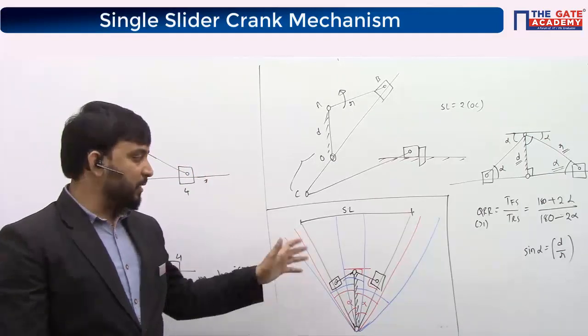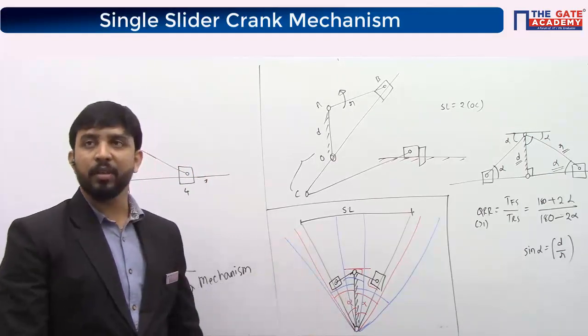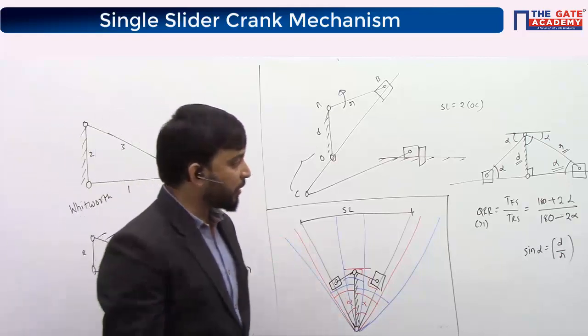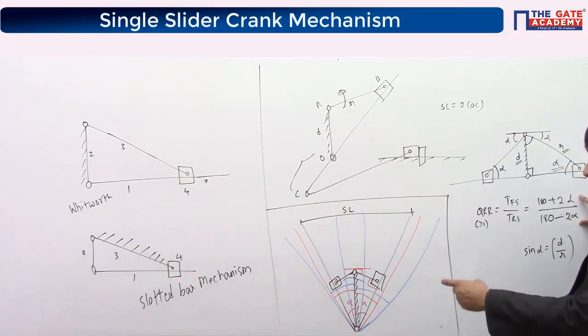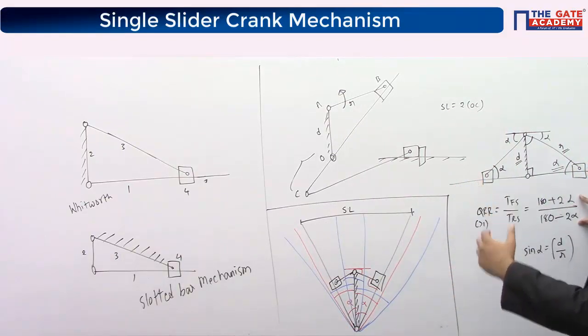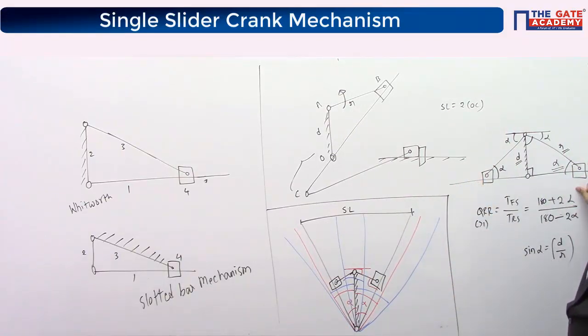Whenever you are changing the stroke length, alpha is getting affected, and so quick return ratio gets affected. For larger stroke lengths, alpha is more and quick return ratio will be more. For smaller stroke lengths, alpha is less and quick return ratio is less.